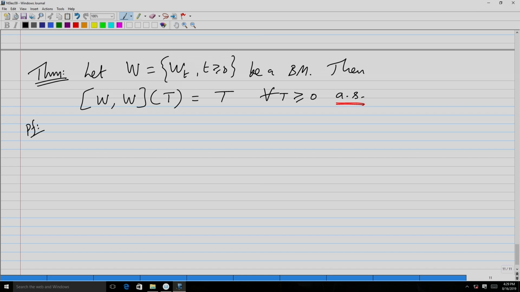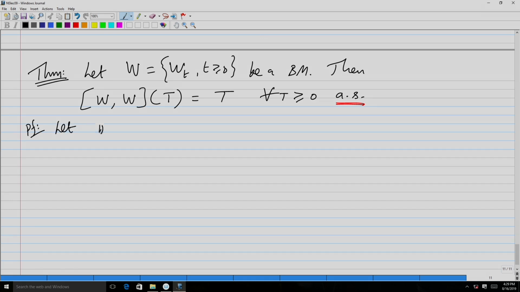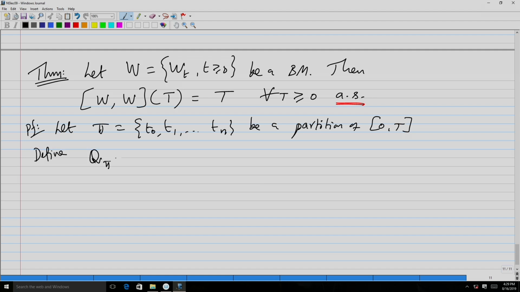Now, basically what we want to show is that the quadratic variation of this is equal to t. Now, let us take a partition t_0, t_1, and so on, t_n, a partition of the interval 0 to t, and we also define the sampled quadratic variation with respect to this partition.